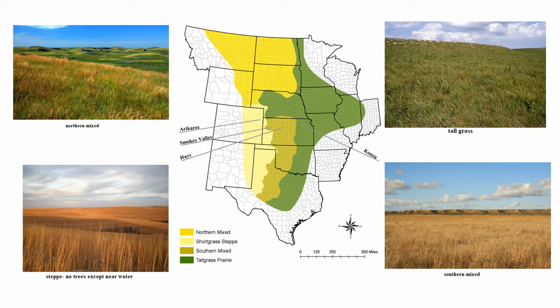So I have the pictures here so you can get an idea. On the steppes, that short grass area, you will only find trees along rivers or creeks. In these other areas, trees are a lot sparser, a lot harder to find than they are in the prairie areas, but you can find clumps of them.